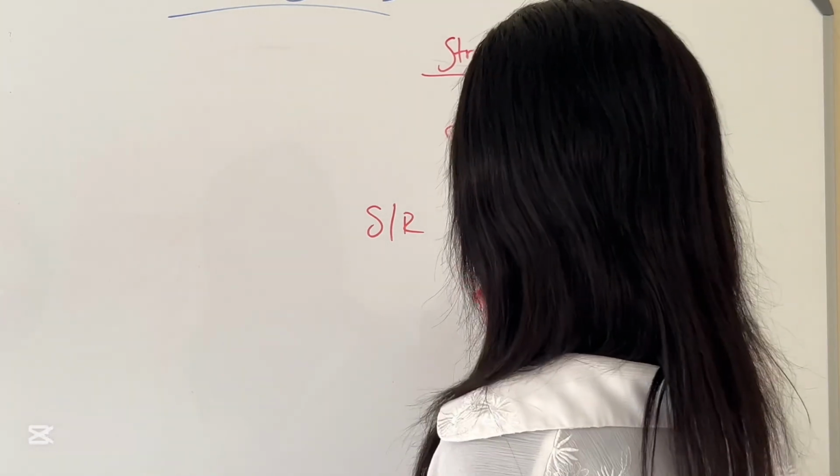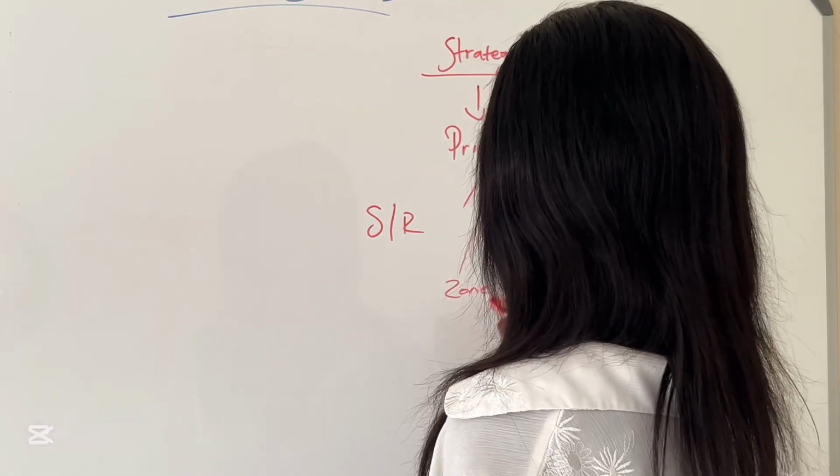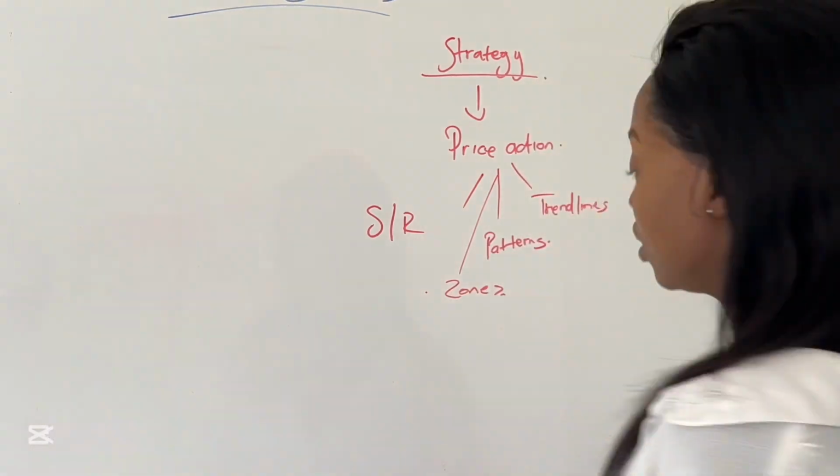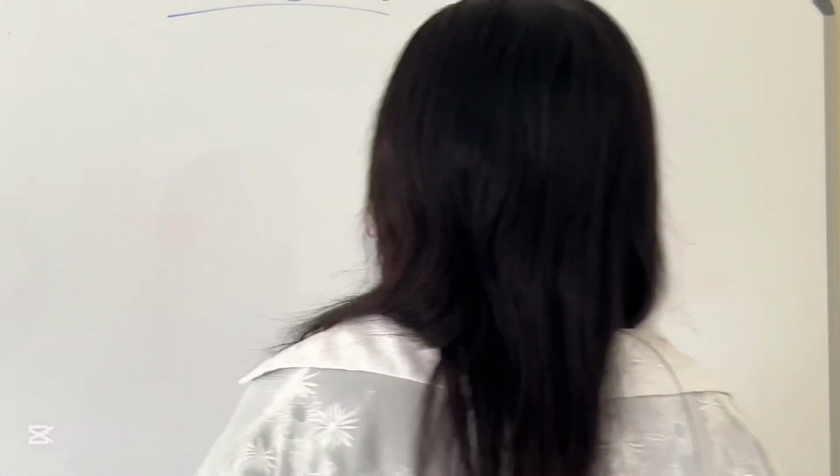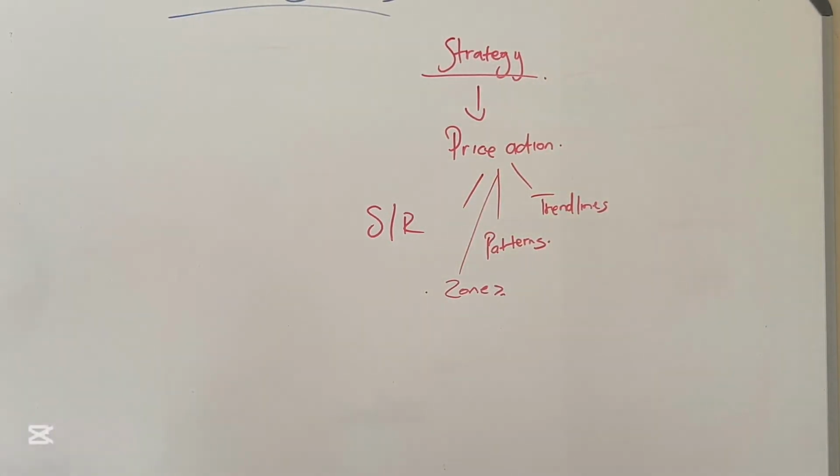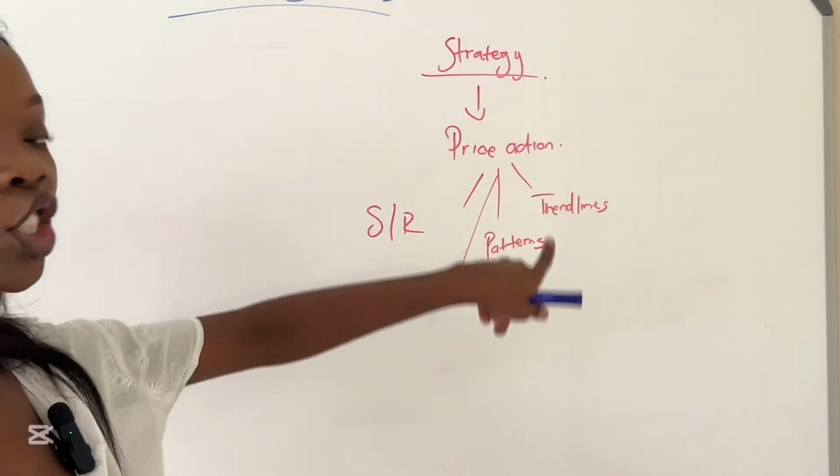I think I can also add zones, guys, because zones and support and resistance are more or less the same thing. So these are your strategies when it comes to price action.